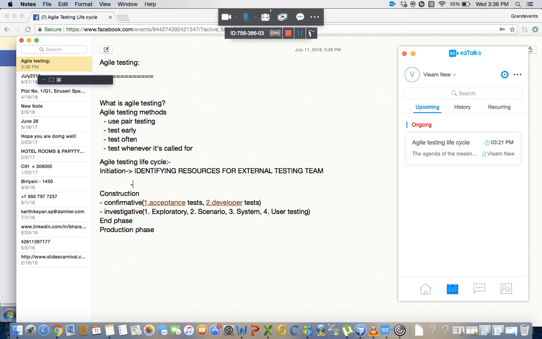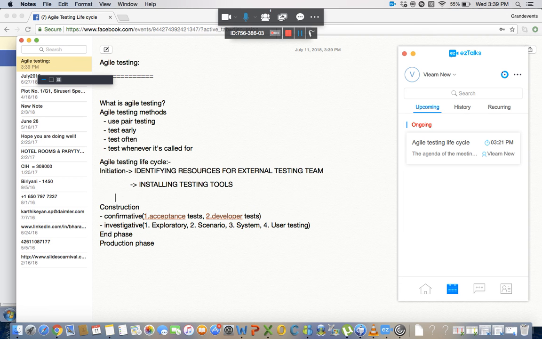Next is installing testing tools, and next is scheduling resources for testing tools. These tasks will be done in the initial phase to make the initial setup for the project.